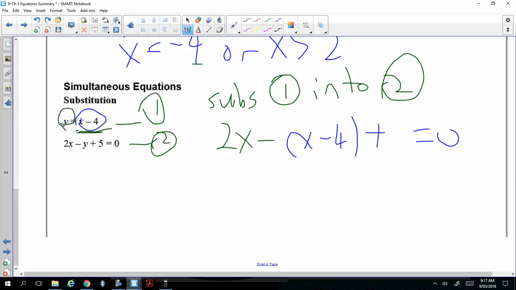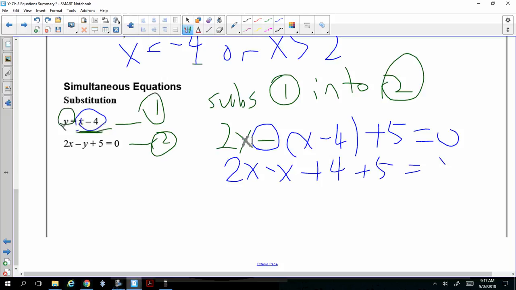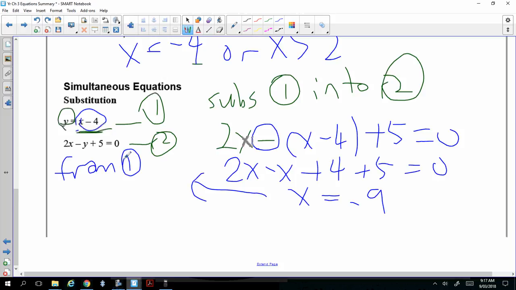Collecting like terms, you get x equal to negative 9. Once you get x, substitute that back into equation 1. Y equal to negative 9 plus 4, which is negative 5. So therefore, x is negative 9, y is negative 5. Okay? So that's substitution.